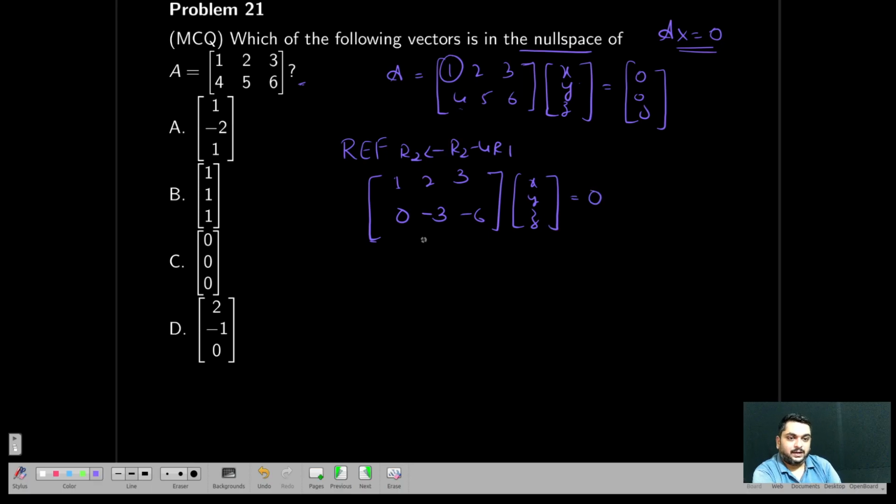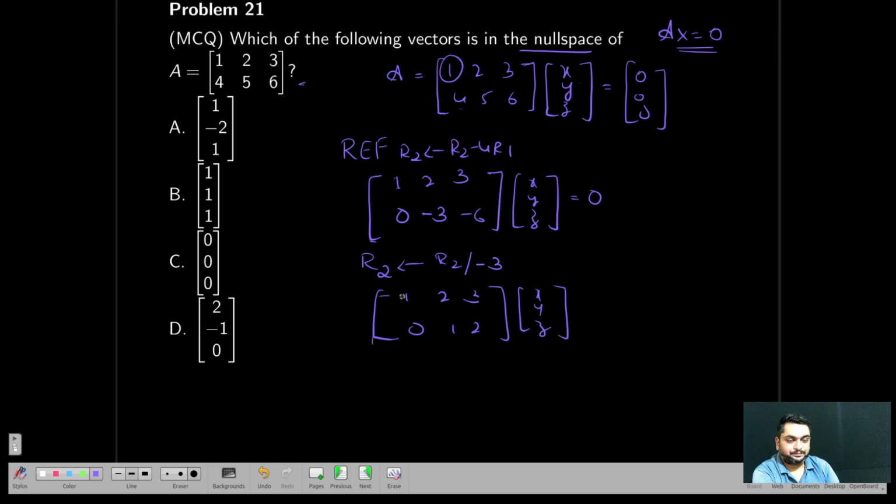Now, can I further reduce it? Try to make this into an upper triangular matrix. Divide R2 by minus 3. This will be 1 2 3, 0 1 2, and x y z.